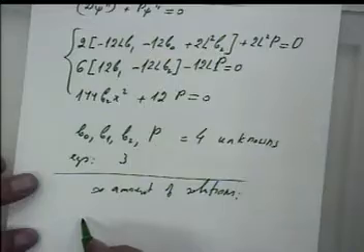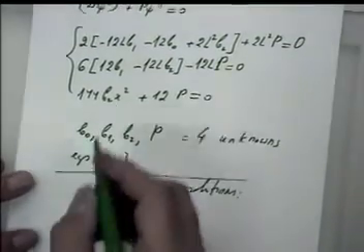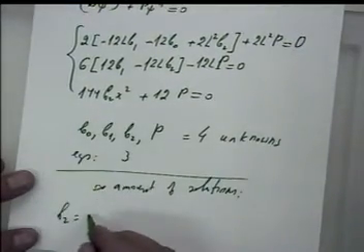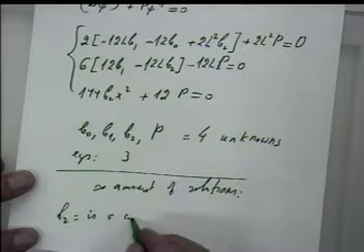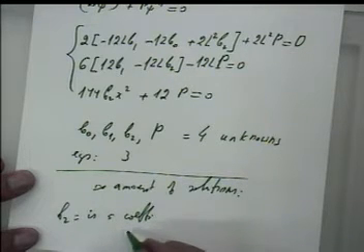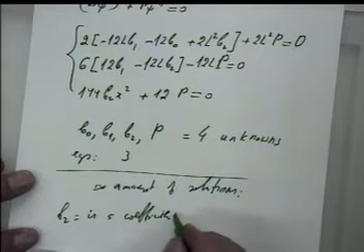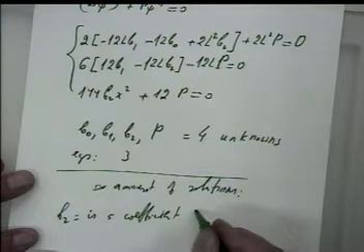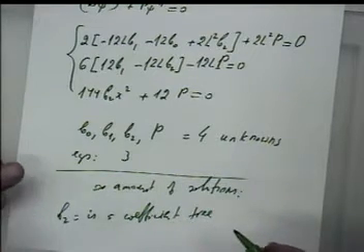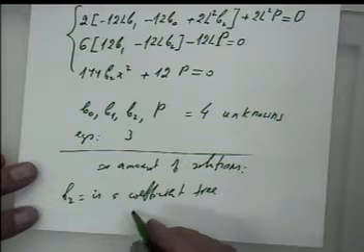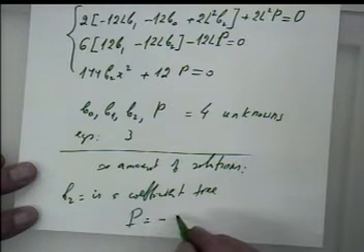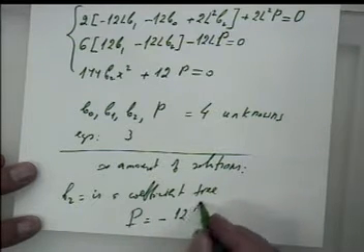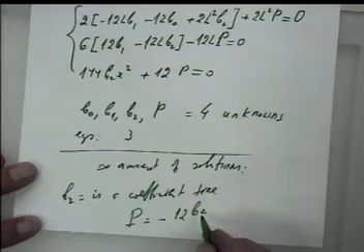So how much is P? So imagine that B2 is a coefficient. Free coefficient, so to say. Then P equals minus 12 B2.